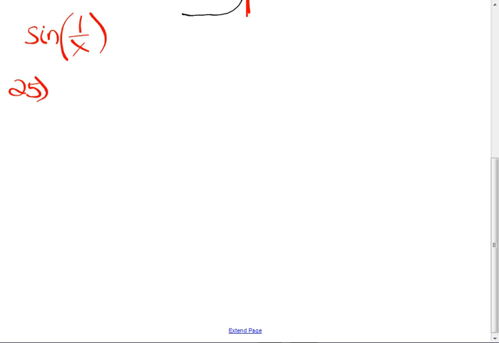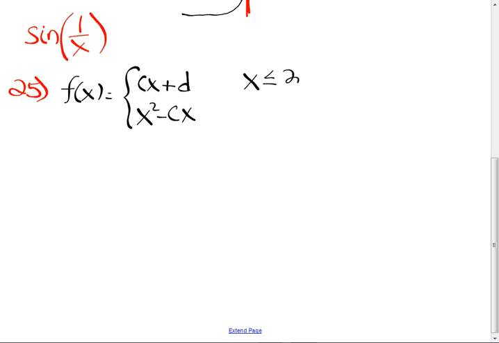Okay, let f be the function defined like this. F of x is equal to cx plus d, x squared minus cx. See, the problem is, I don't think you have any problem knowing what's differentiable. The problem is deciding what to do on a problem. So you have to know the concepts so that you have some idea what to do.